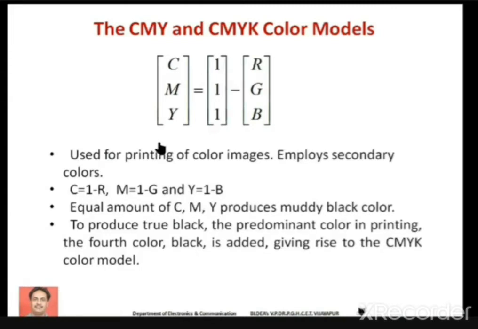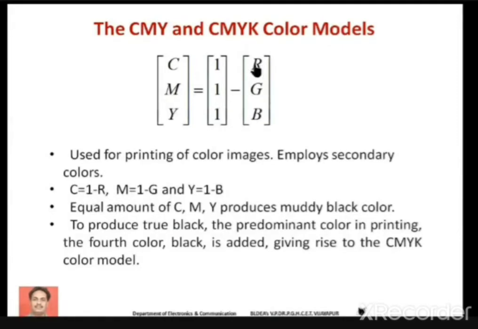And we get the equation M equals 1 minus G, which means that magenta color does not contain green. And similarly, the yellow color will never contain blue.